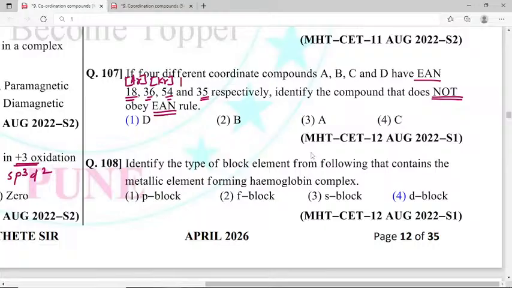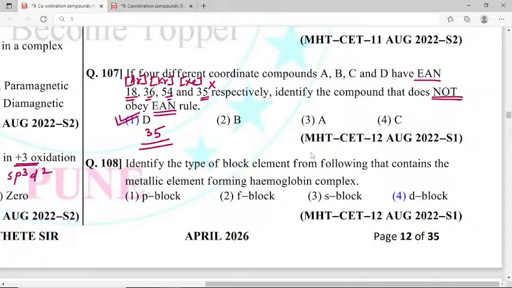This is xenon. And this is not for anything. So 35 is your answer. 35 does not obey the effective atomic number. Option D is correct because 18 atomic number for argon, 36 for krypton, 54 for xenon. These are the stable gases.